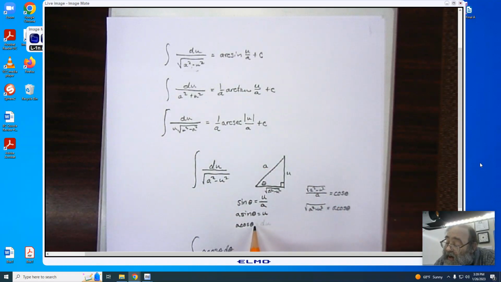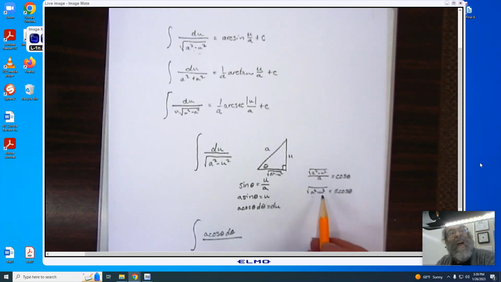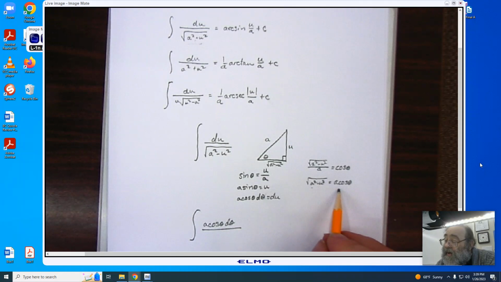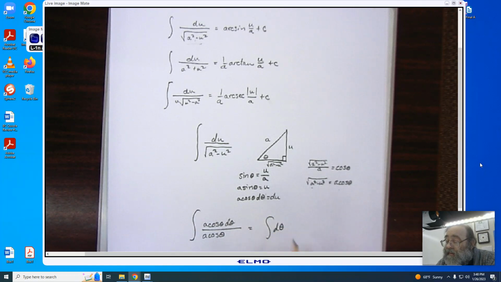After all, it is a cosine theta d theta equaling du, written as a differential. Now, our denominator is the square root of a squared minus u squared, which I have identified as a cosine theta. Notice that now I'm only left with d theta. And we know that this is theta plus c.